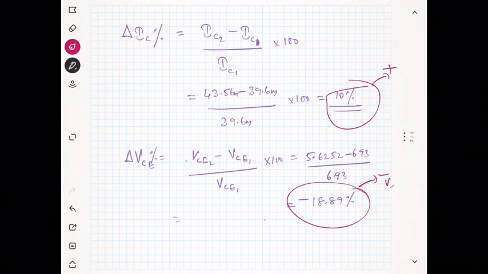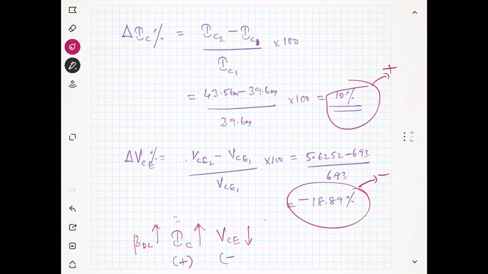What does it mean? It means that whenever beta DC increases, IC increases. That is a positive change, and VCE decreases, which we call a negative change.